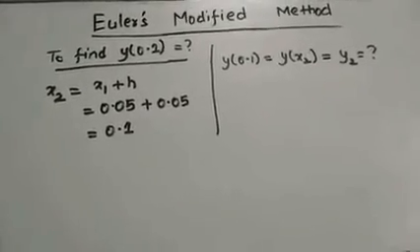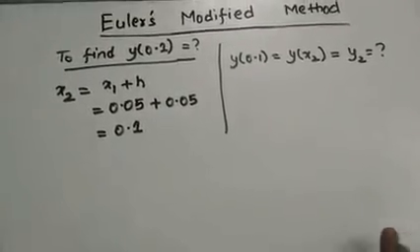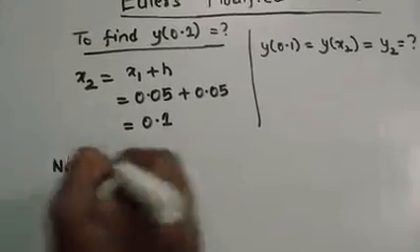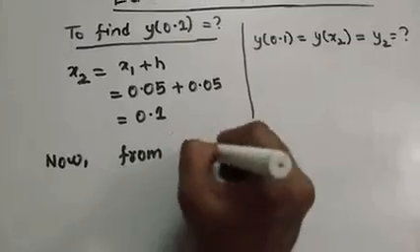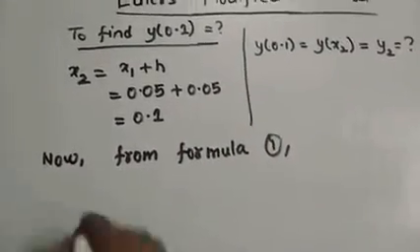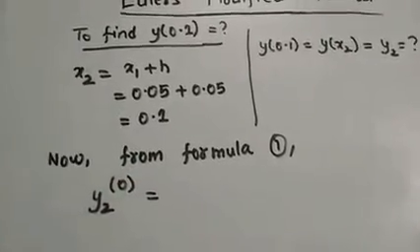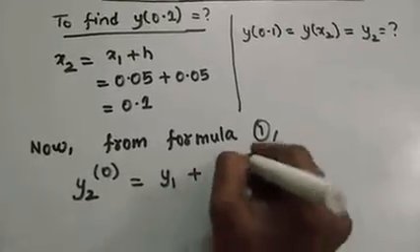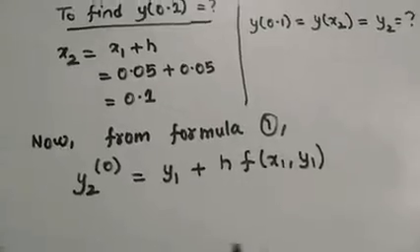So let us first of all find the initial value of y2 by using formula number 1. From formula 1, y2 at the point 0 will be our y1 plus h f of x1 comma y1.